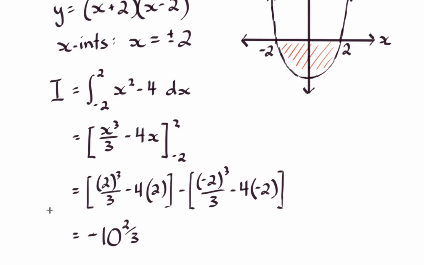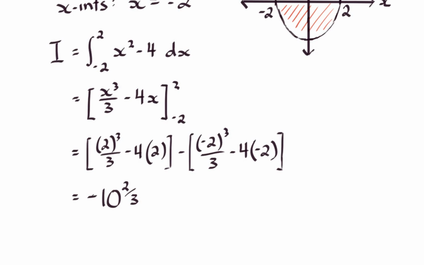And now the area value is simply the absolute value of the integral. So the area is the absolute value of -10 and 2/3. And we know that with absolute values, anything that is negative becomes positive.